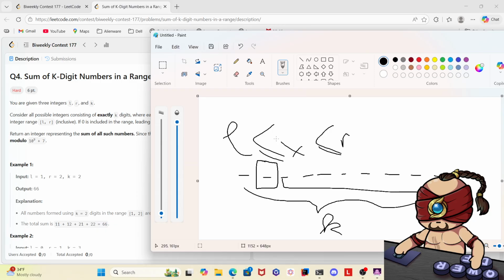Basically how many times a number appears in the whole set. Okay, that's kind of hard. Okay, I'm not sure how to do this. So we give an L, R, and K, and we return.